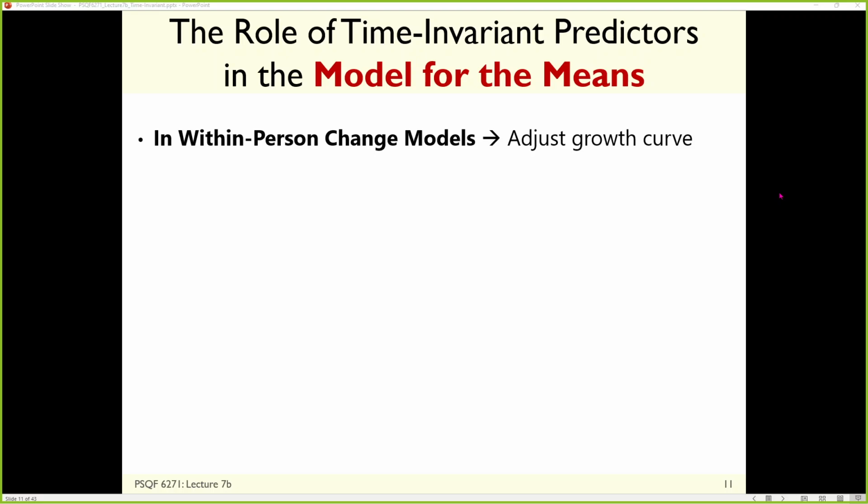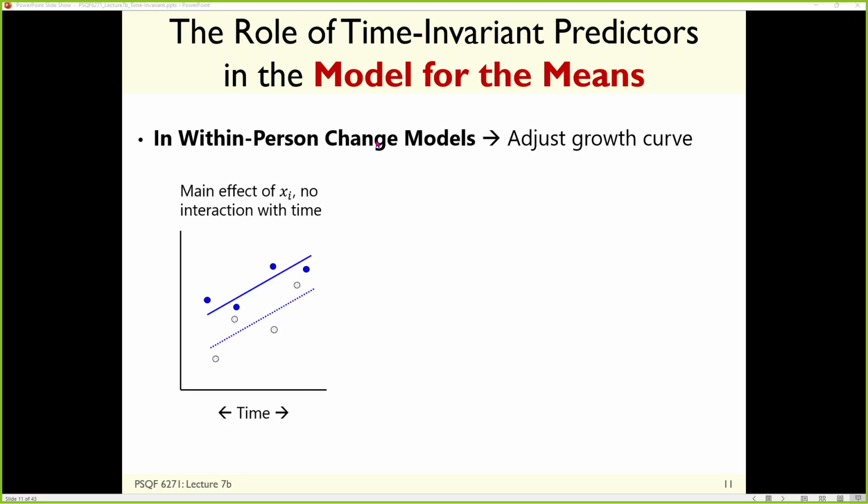So what do time invariant predictors do? The good news is that there's relatively few things. So if I have a model of within-person change, that means I'm fitting some kind of growth curve analysis. Well, they can adjust the y-intercept and not the slope.